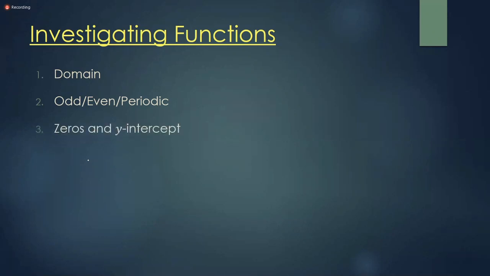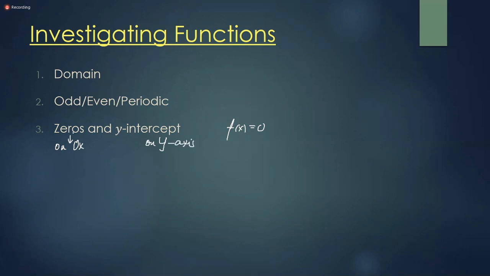The next thing is the zeros and y-intercept. That means you set the function equal to 0. Zeros of the function are the points where the graph will intersect the x-axis. So that would be points on the x-axis. Y-intercept is a point, no more than one, on the y-axis.